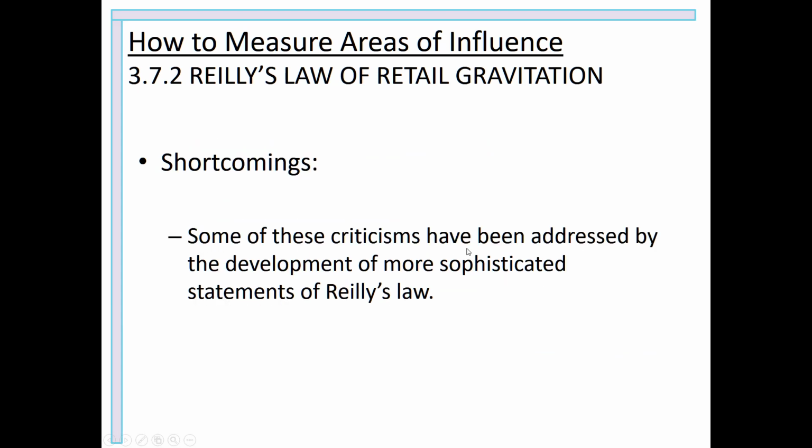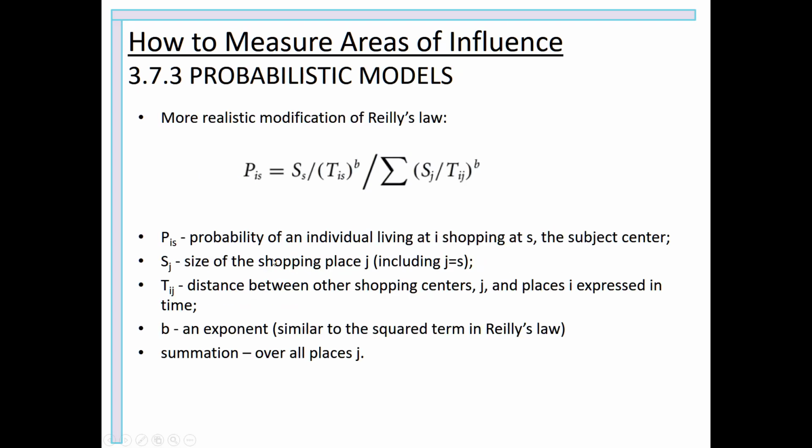Now, some of these criticisms have been addressed by the development of a more sophisticated statement of Reilly's law. We are going to see one of them. Basically, what we are going to calculate is the probability of an individual living in a region we are going to call I shopping at a retail place located in a place we are going to denote J, which stands for the subject center.